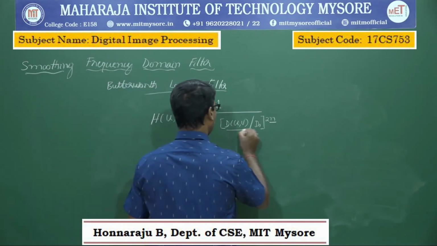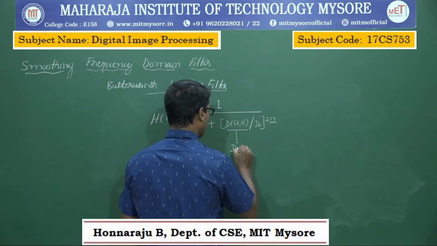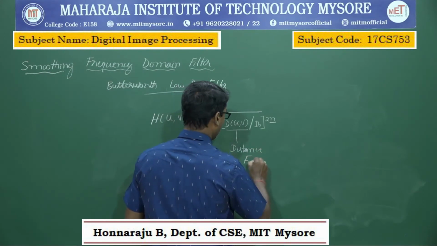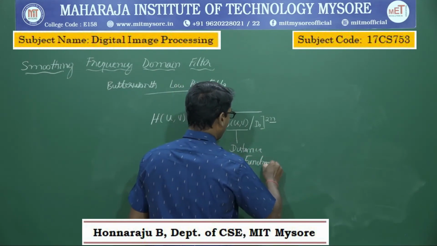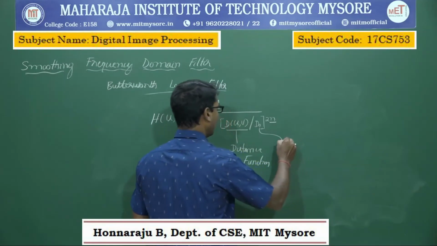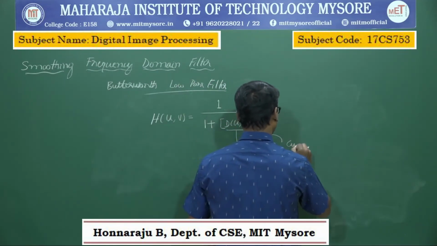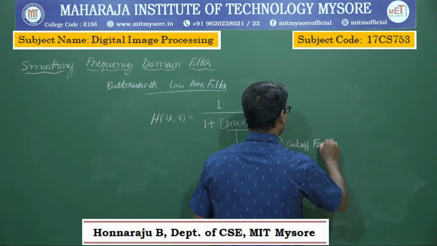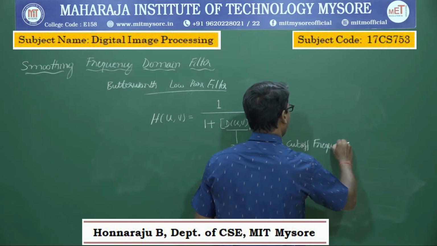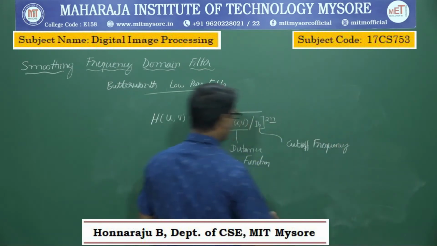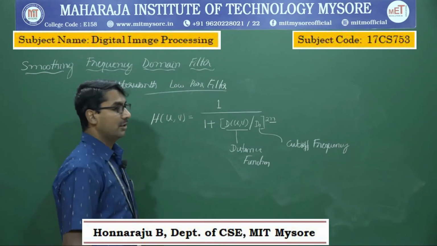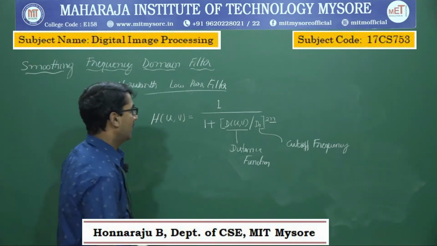Then d of u comma v represents the distance function. Then d0 is the cutoff frequency. The cutoff frequency d0 is a non-negative value.